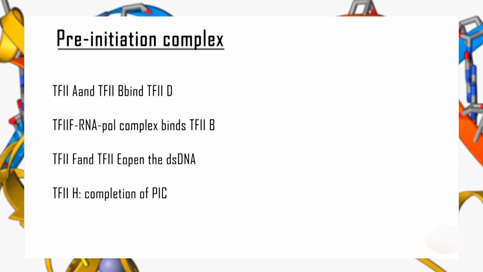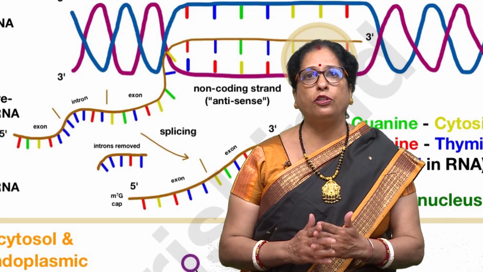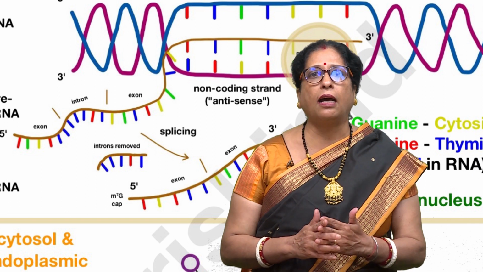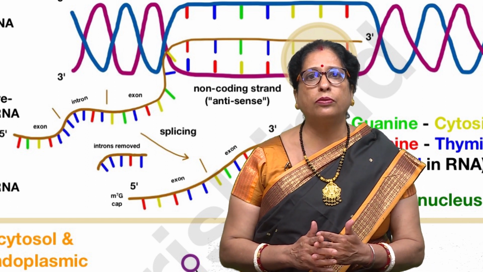Only then can the RNA polymerase move towards the downstream, starting the elongation phase. Most of the transcription factors fall off from the PIC during the elongation phase. Here you can see clearly the RNA polymerase II.